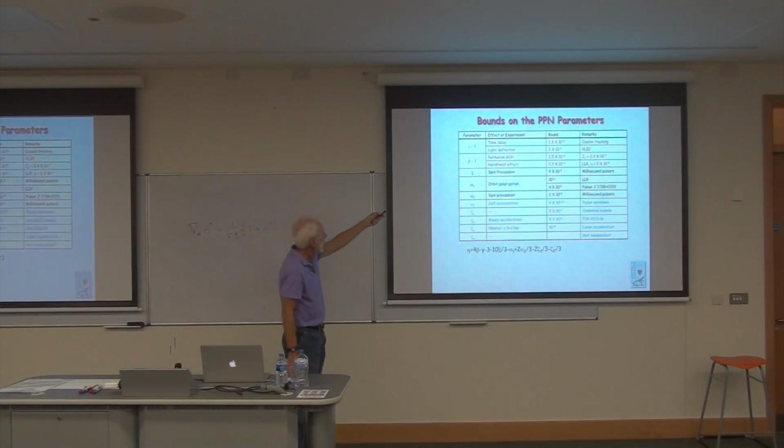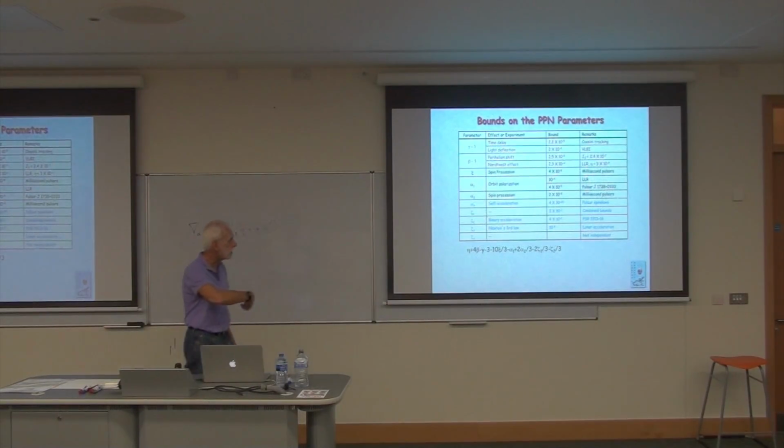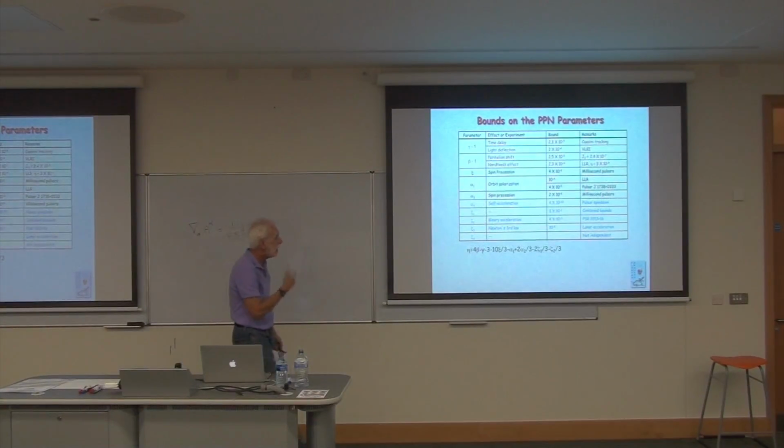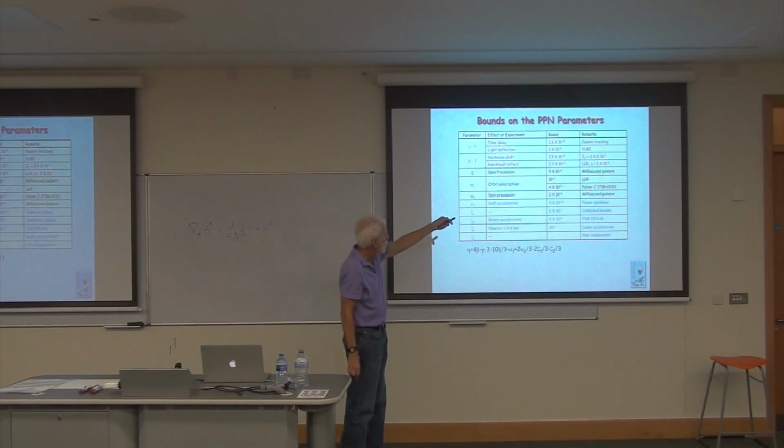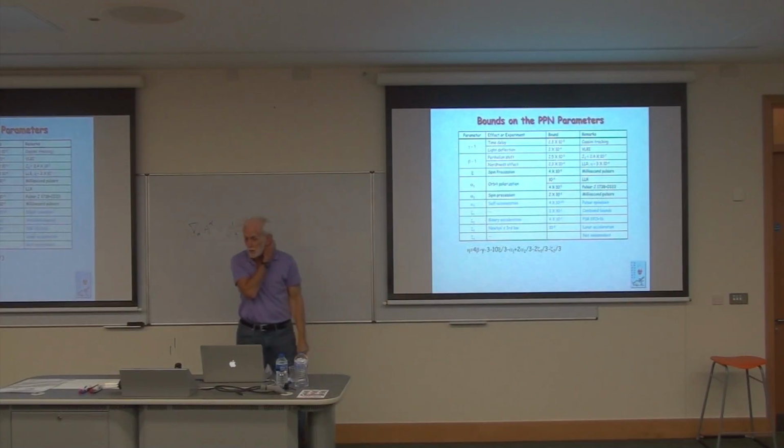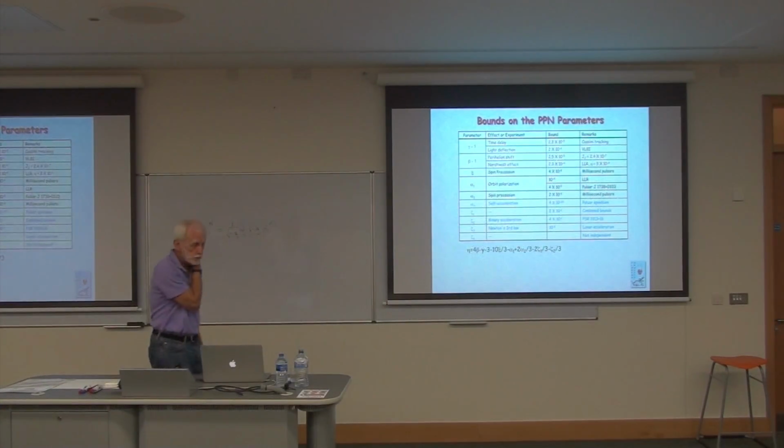So gamma, for example, predominantly controls things like the deflection of light and the so-called Shapiro time delay in tracking planets and spacecraft. And from measurements of deflection of light from quasars and radio sources, we know that gamma minus 1 is bounded by 2 parts in 10 to the 4, but the best bound on gamma comes from tracking the Cassini spacecraft while it was on its way to Saturn some years ago.